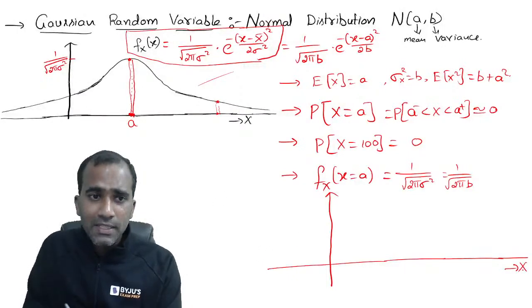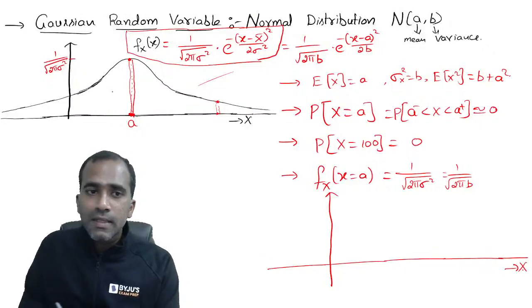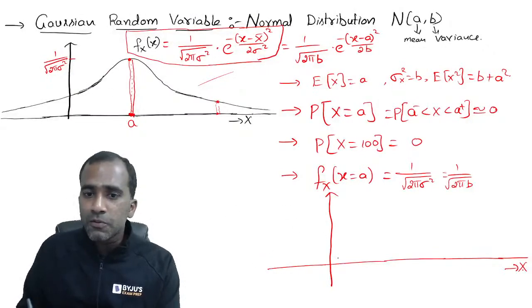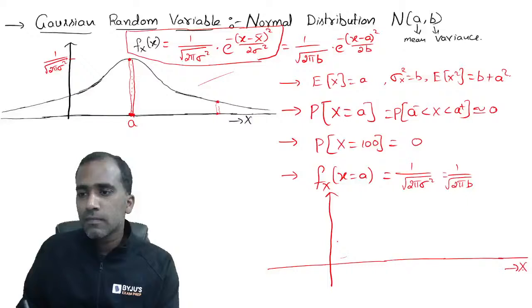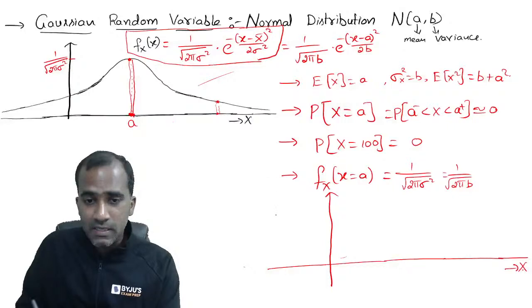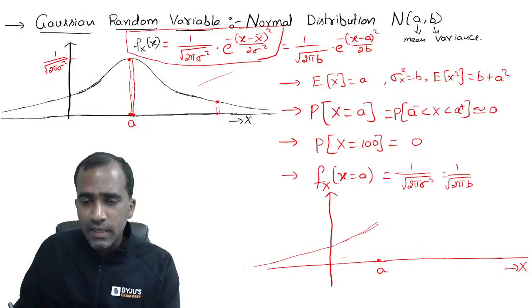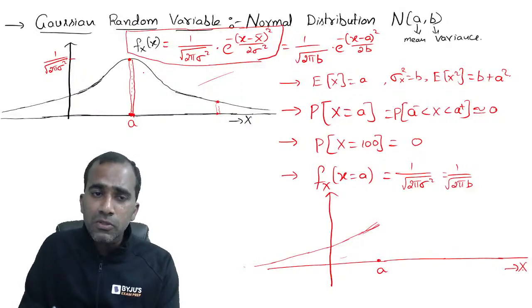So as you integrate this, what happens is, when you integrate a signal, the amplitude of this signal will become the slope of the integrated signal. Okay. So as you come from minus infinity, what happens? The area is increasing. The area is increasing. At A, the area increases till A, and after A also there is a positive accumulation.